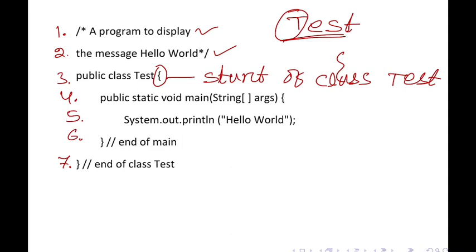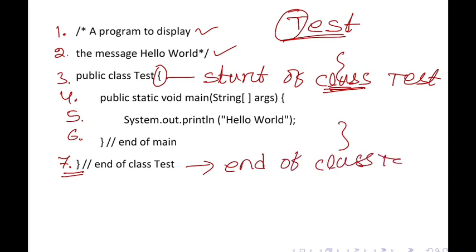Okay. So corresponding to this, we have another end curly braces or right curly braces at line number 7. So this represents the end of class test that we have written in the comment.